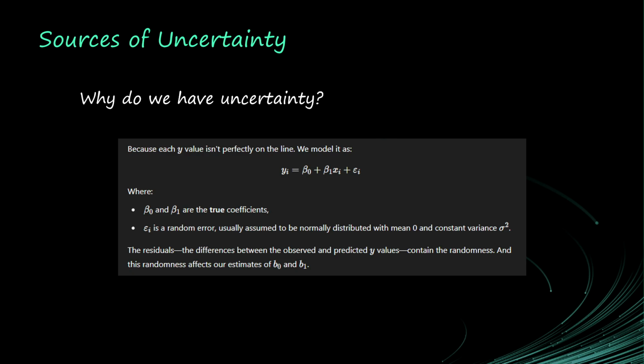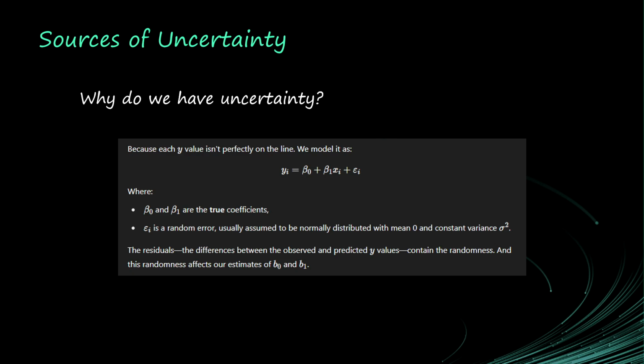So why do we have uncertainty? Because each y value isn't perfectly on the line. We model it as y sub i equals beta 0 plus beta 1 times x sub i plus epsilon sub i, where beta 0 and beta 1 are the true coefficients and epsilon sub i is a random error, usually assumed to be normally distributed with mean 0 and constant variance.